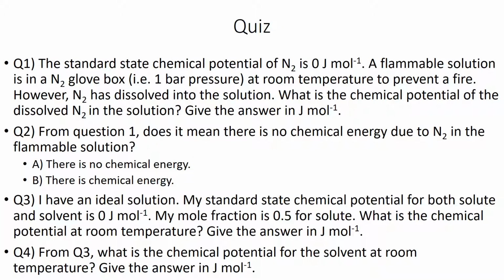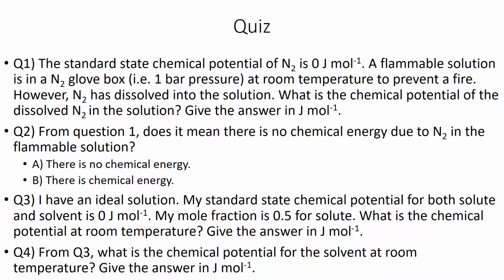Alright, now for the quiz. There are 4 questions. You are going to do numerical calculations, and I'll read them out for you. Question 1. The standard state chemical potential of nitrogen is 0 joules per mole. A flammable solution is in a nitrogen glove box.